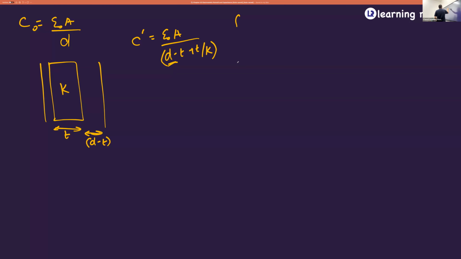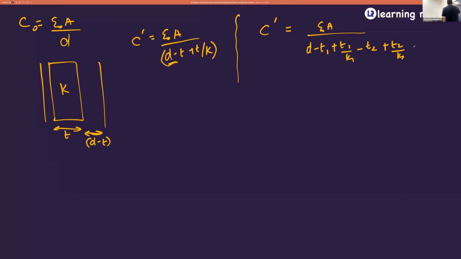Then, if you have multiple dielectrics present, what will be the new capacitance? C dash will be equal to epsilon naught A divided by D minus T1 plus T1 by K1 minus T2 plus T2 by K2. You have this formula?